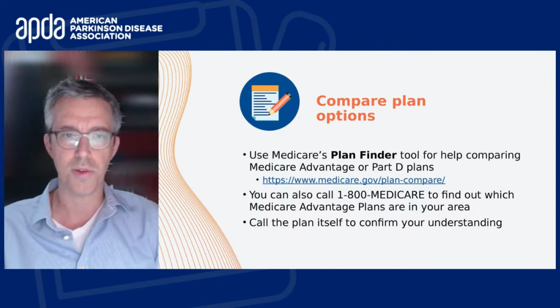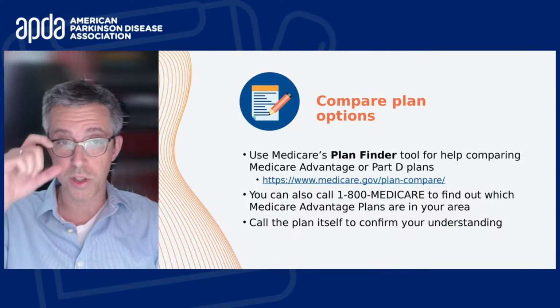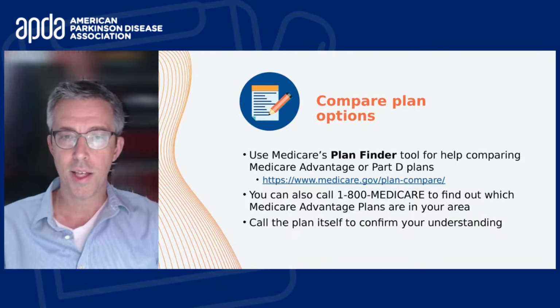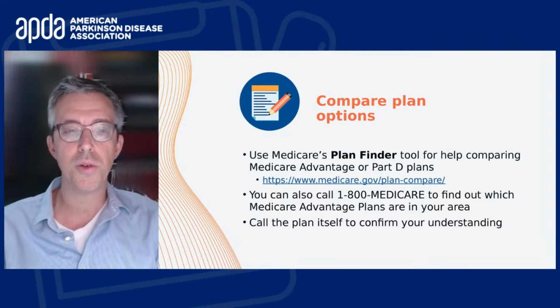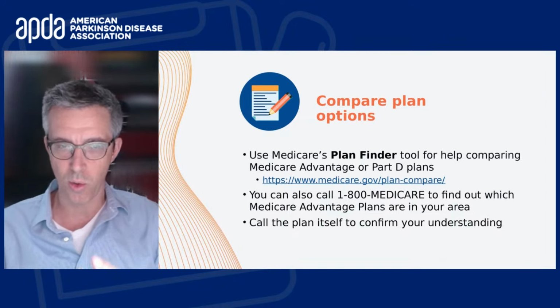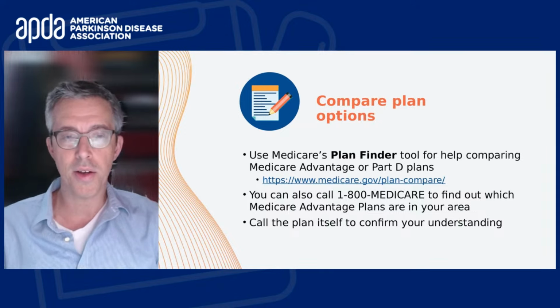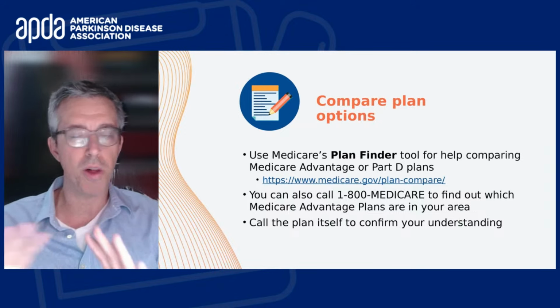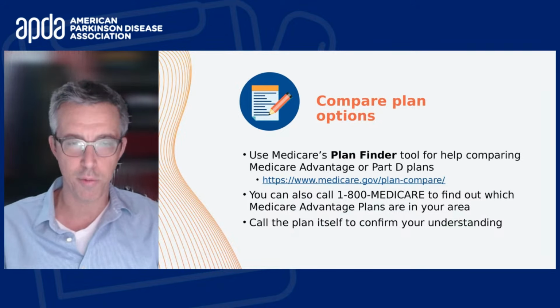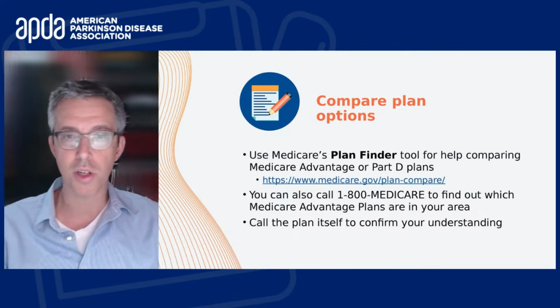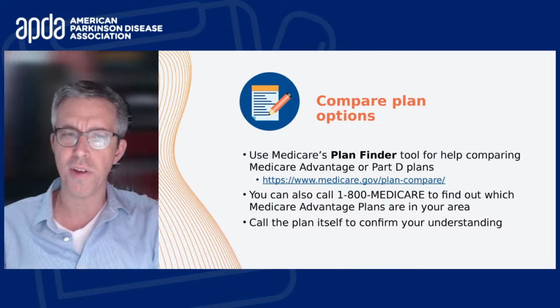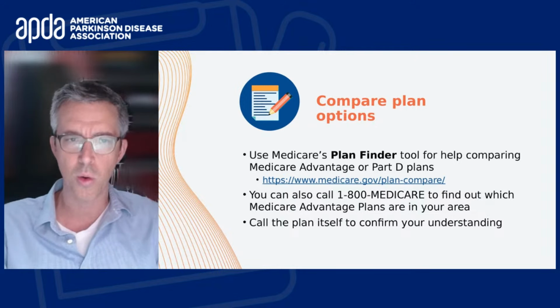Your zip code, for instance, it tells you to list your drugs. Once you've done all that, it's going to very clearly show you what's available and rank in order what is the most cost effective. And also it shows you month by month how much you should pay out of pocket for the entire year, and which drugs are costing what. So it's a very, very valuable program that's actually quite easy to use.